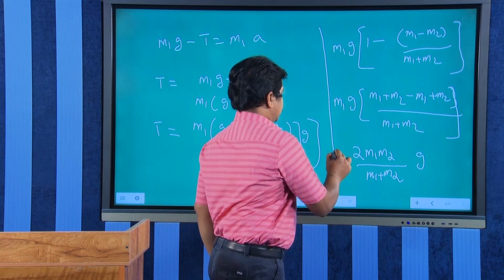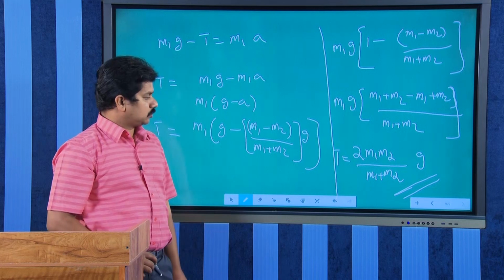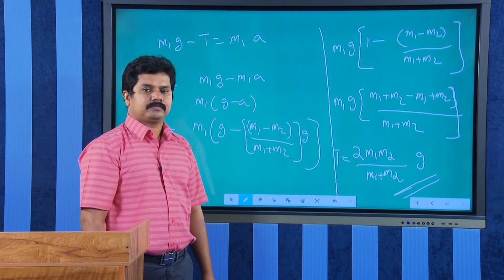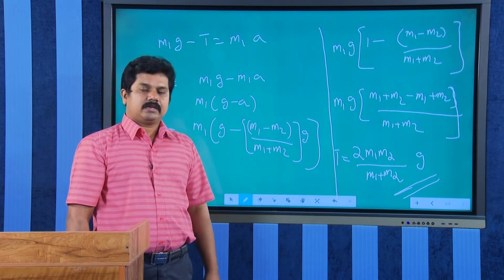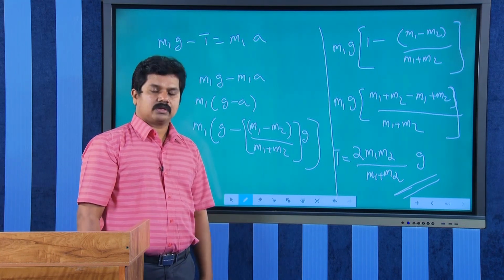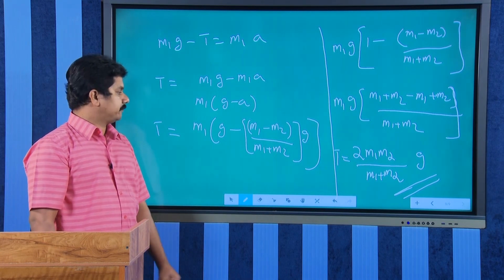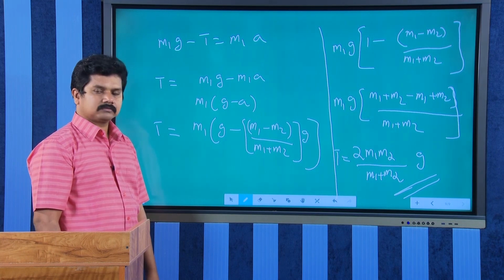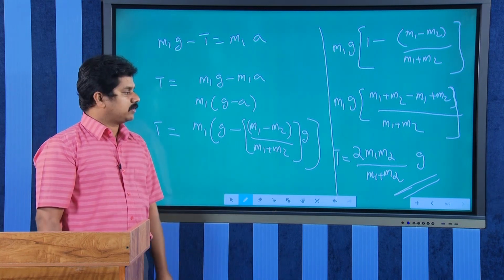This is the tension in the string. So, the acceleration is m1 minus m2 by m1 plus m2 into g, and the tension is 2 m1 m2 by m1 plus m2 into g.